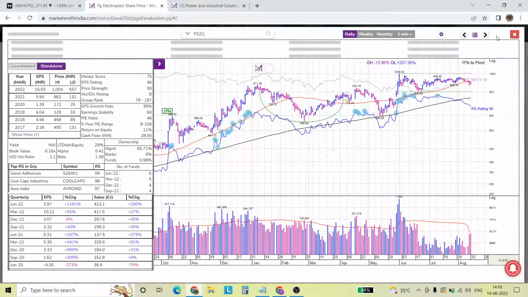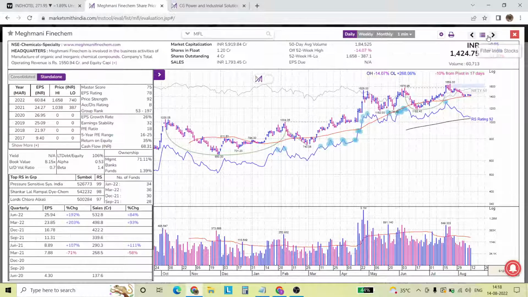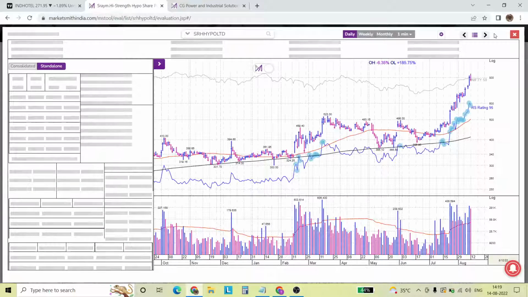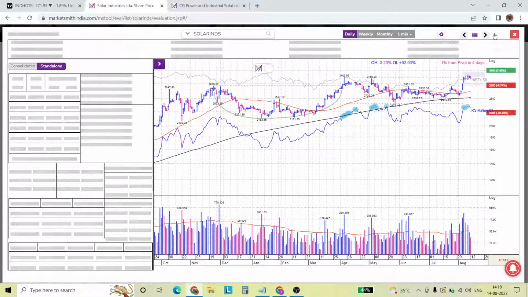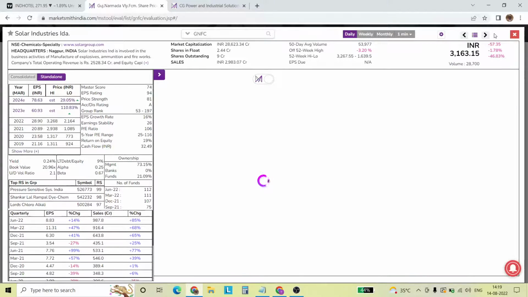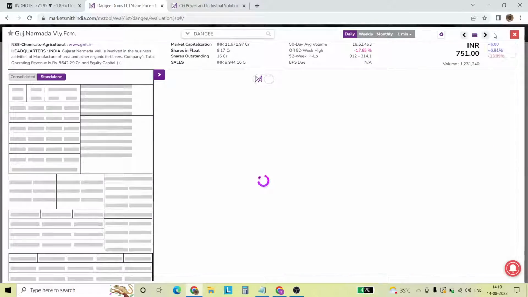Okay. What about this PG Electroplast? We already have this in the list. No pattern. No. Absolutely no. No.